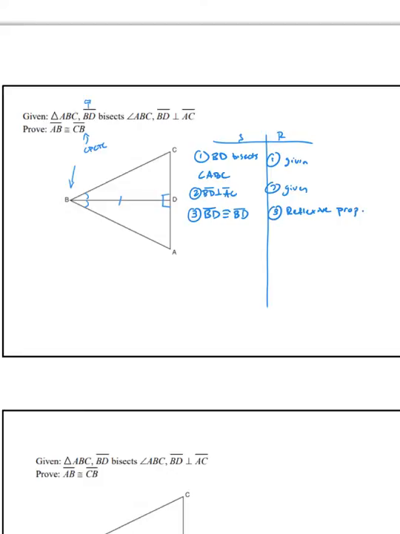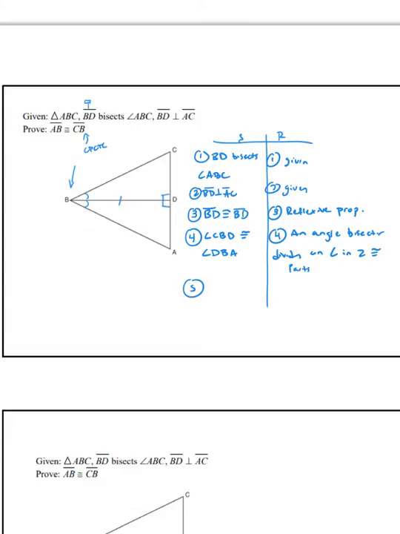Good. Now the fourth thing we could say is angle CBD is congruent to angle DBA. The reason we know that is because of an angle bisector. This one's an angle bisector. It divides an angle in two congruent parts.